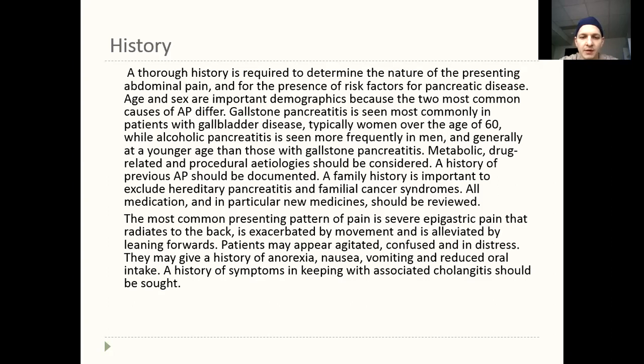Patients may appear agitated, confused, and in distress. They may give a history of anorexia, nausea, vomiting, and reduced oral intake. A history of symptoms in keeping with those associated with cholangitis should be sought.